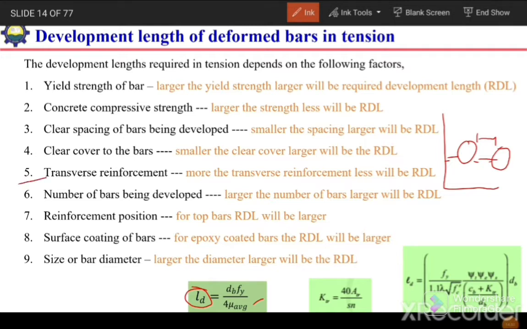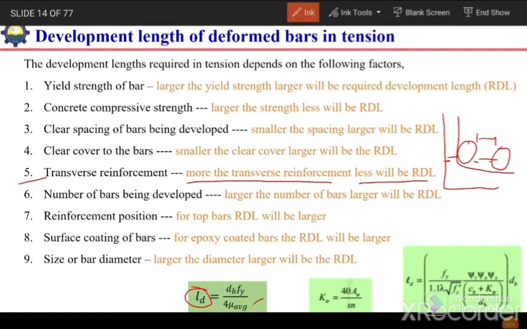Okay, fifth is transverse reinforcement. The more the transverse reinforcement, the lesser will be the required development length. When we have the transverse reinforcement here, this transverse reinforcement will bridge these splitting cracks. When these splitting cracks are bridged because of this transverse reinforcement, the required development length will reduce.